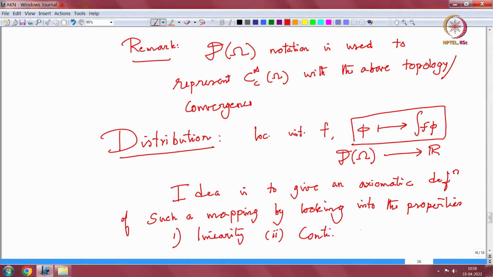So, essentially you have two properties, linearity and continuity, and you do not require any function to define an association. Basically you are looking at the dual of D of omega.